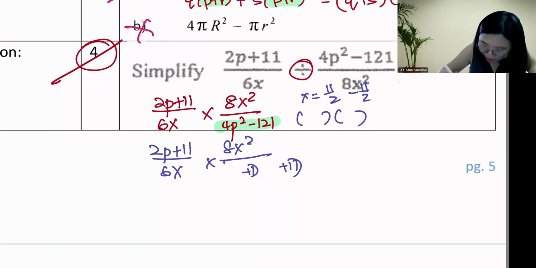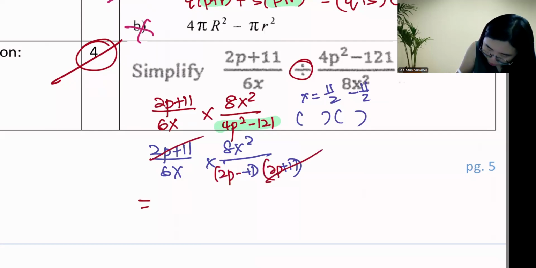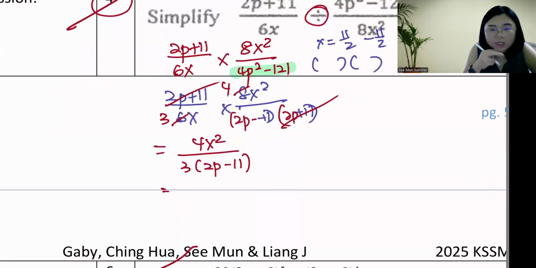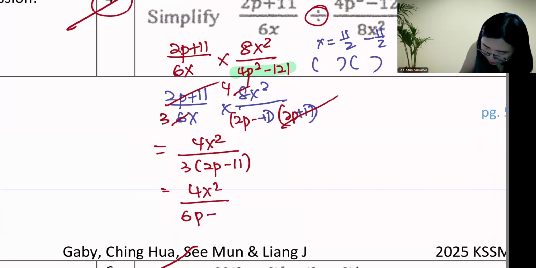Because when we use calculator, we are so used to it. 2p minus 11, 2p plus 11. So cancel off. And then 6 also can. 3 and 4, 4x squared. So I will be left with 3, 2p minus 11. And then remember in fraction, we don't want bracket. So we will have 4x squared, 6p minus 33. Okay, ready?